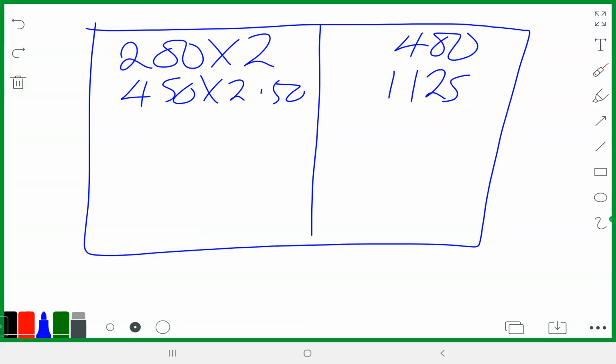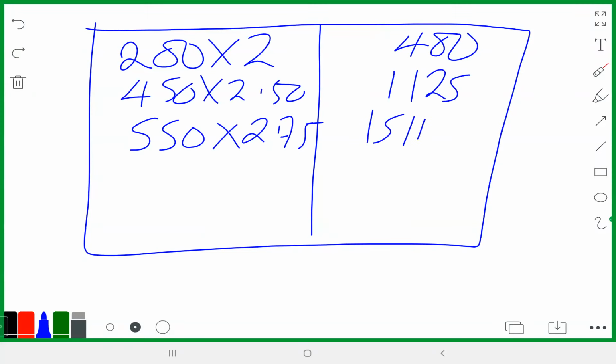And then the other one was 550. These are purchases at their respective prices. That gave you 1,512.50. Then what you need to do is add all these amounts.